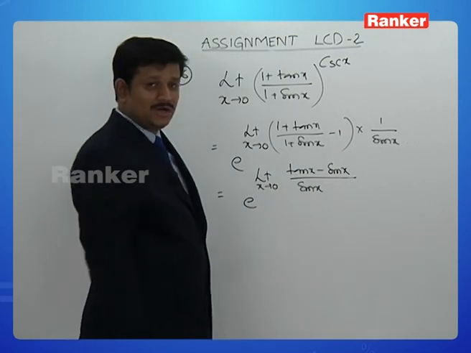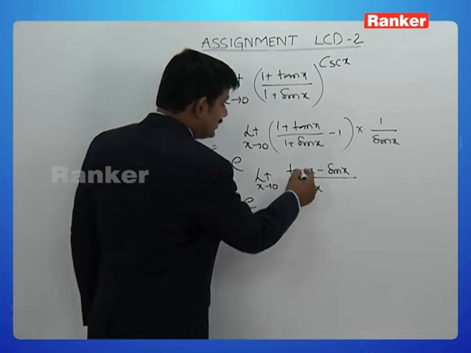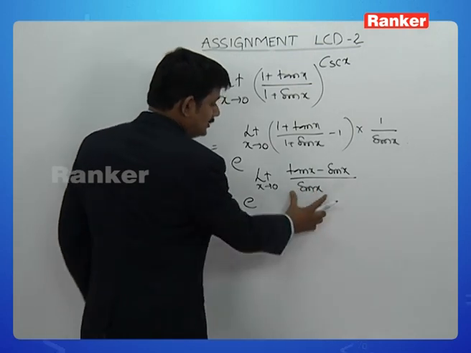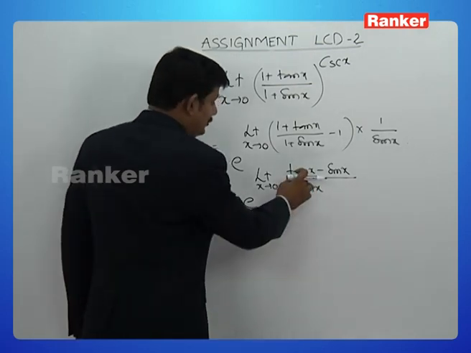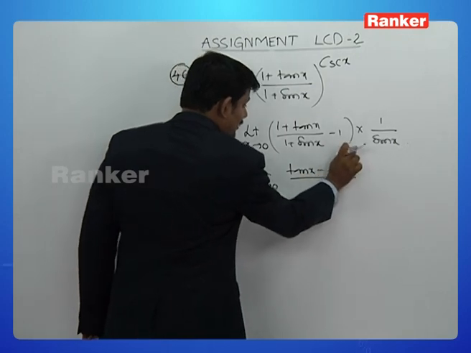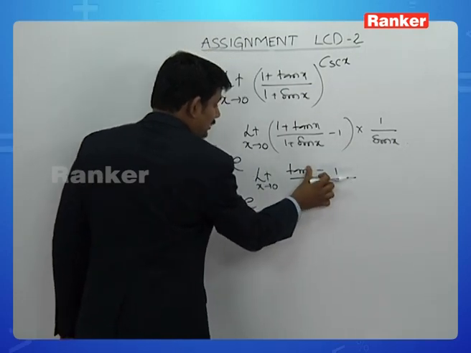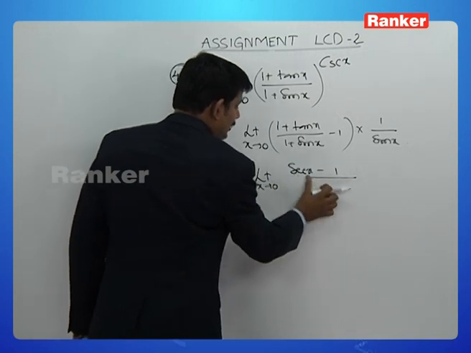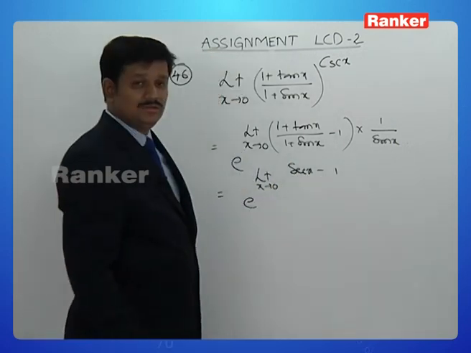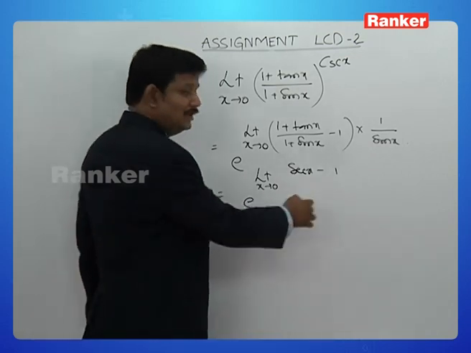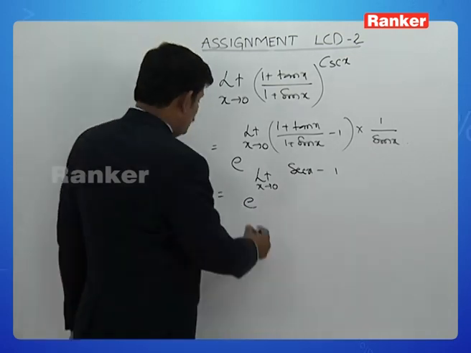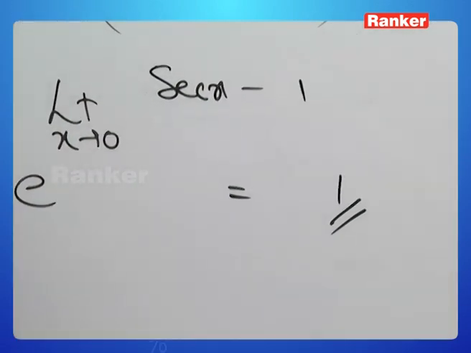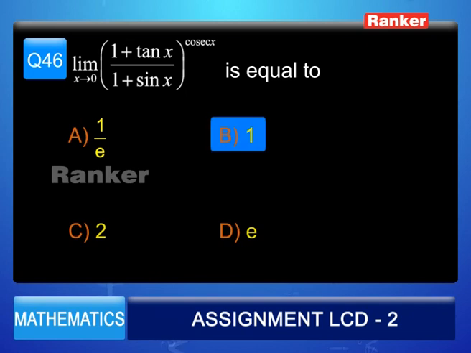Tan x is sin x by cos x. We can see sin x common throughout, we can cancel it. So, cancelling that sin x, we will be left with 1 here and this will be secant x. So, our limit is limit x tending to 0 of secant x minus 1, which is 0. So, this is e power 0, which is 1. Answer for this question is 1, which is option B.